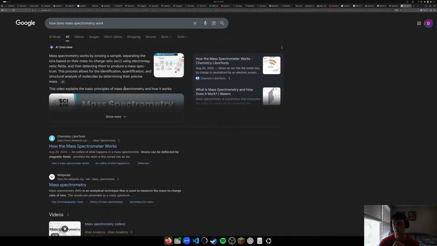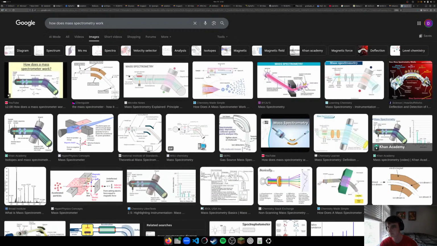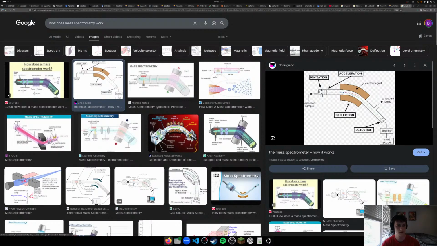This process allows for identification and quantification. Vaporized sample, ionization.